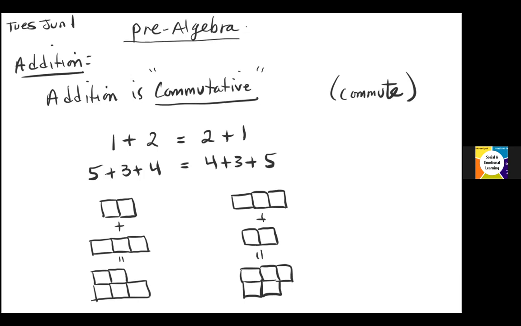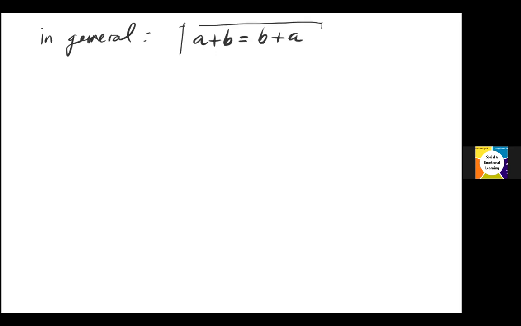So in general, just going to save my slide here. In general, this commutativity rule is just A plus B is equal to B plus A. So I like to write this out. Once we define a rule, you'll see this in math, we want to define it for all numbers.